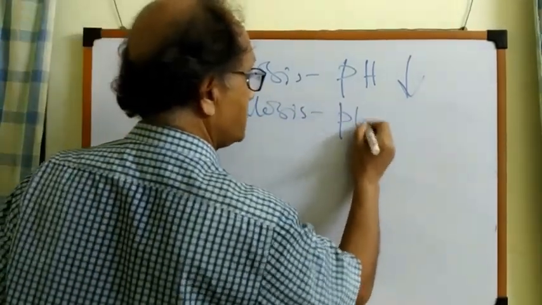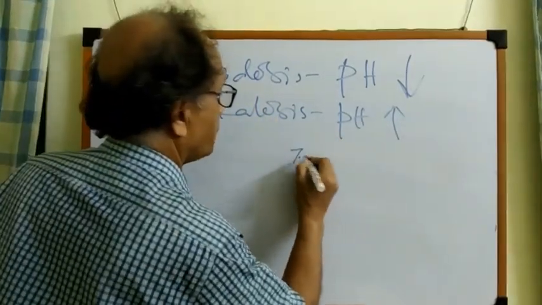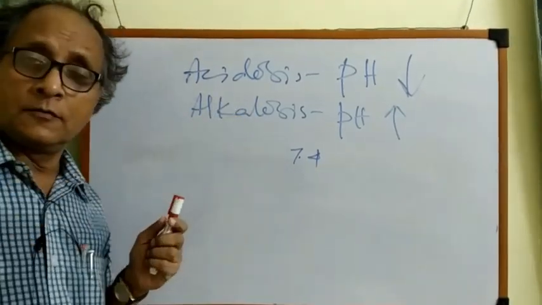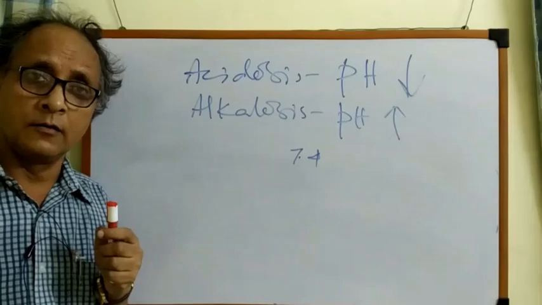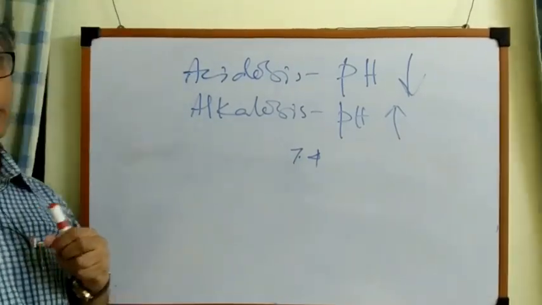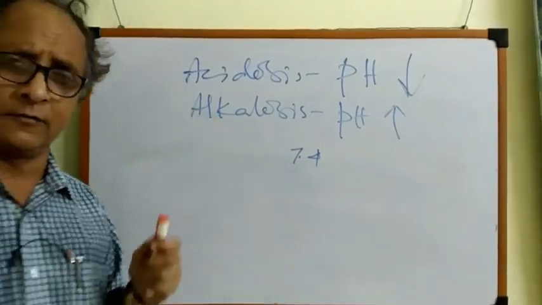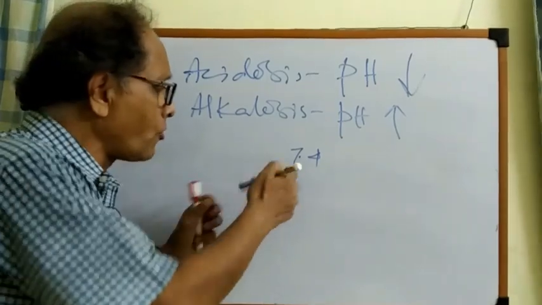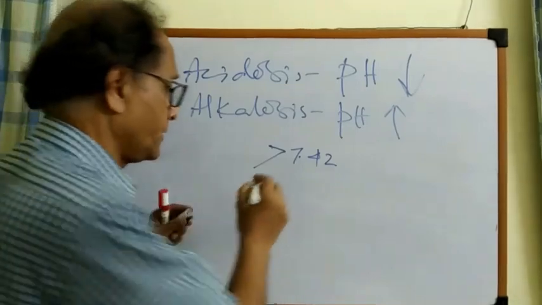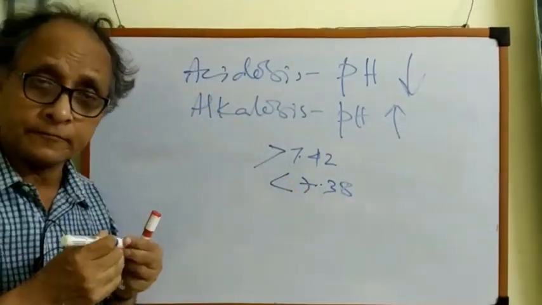When body pH is high. What is normal body pH? 7.4. When it is more than 7.42, it is alkalosis. When it is less than 7.38, it is acidosis. Because the pH scale is a log scale, it is an extremely sensitive scale.